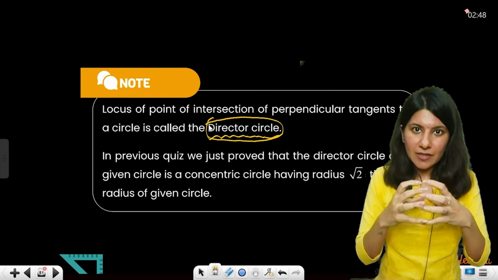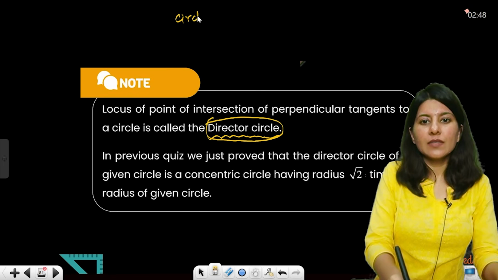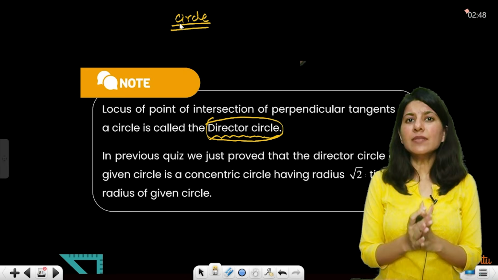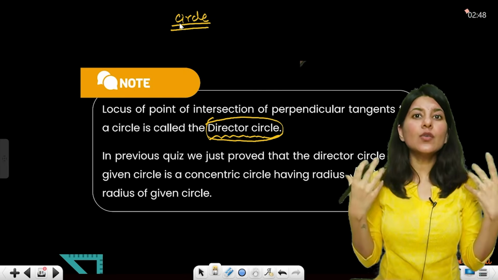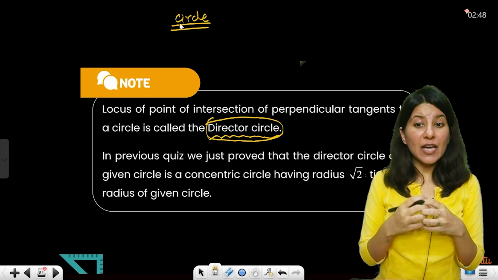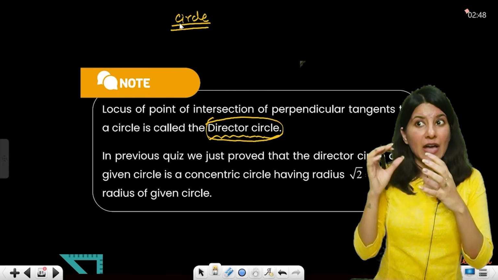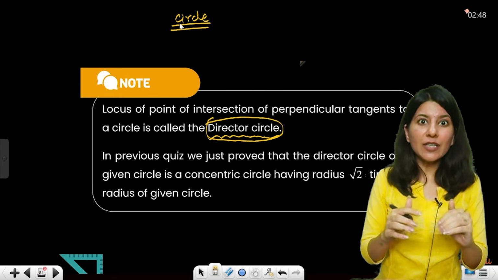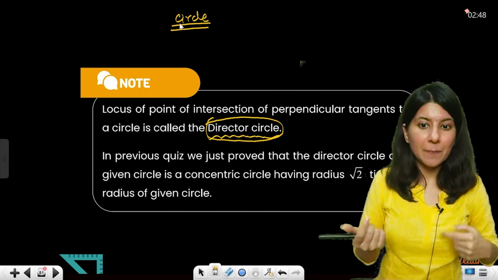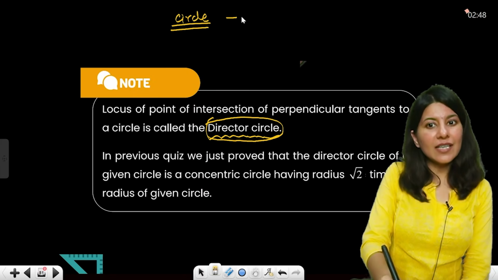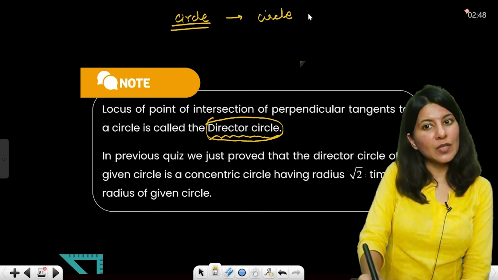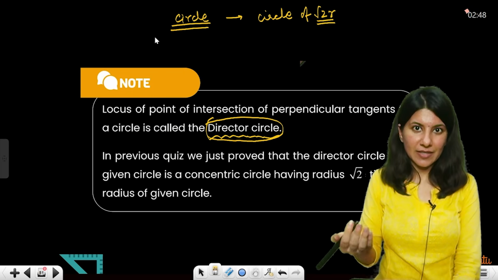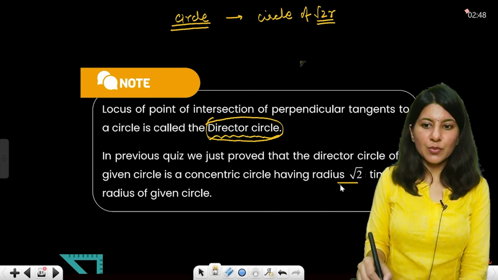In the case of a circle, the locus of the point of intersection of perpendicular tangents drawn to a circle is a circle only, of radius root 2r, root 2 times the original radius.